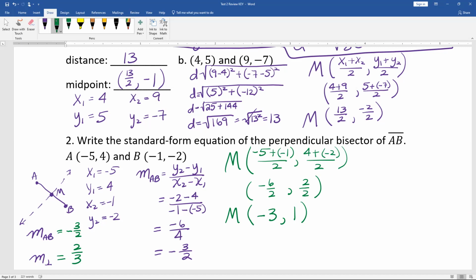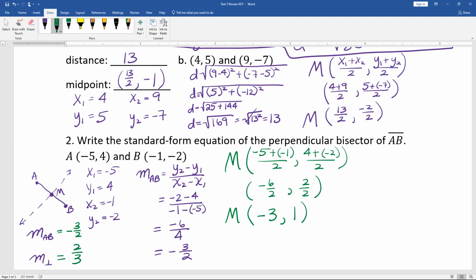So what formula do y'all want to use since we're writing this in standard form? Why don't we use point slope? Oh, use point slope. Okay. Well, we don't have a lot of room. How do they want us to write this? They want us to write this in standard form.